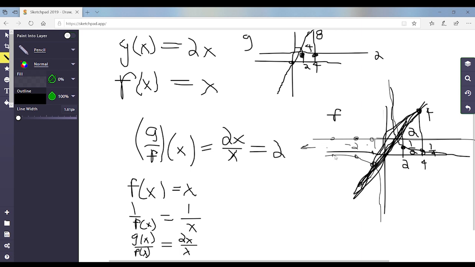And that makes sense, right? Because the farther you go out, the lower this line is going to be. So for example, this value will be like a really, really small distance away from the x-axis. So then when you flip it, you'll need a big number to get it to 2. So it makes sense that 2x is getting bigger and bigger as you go left.